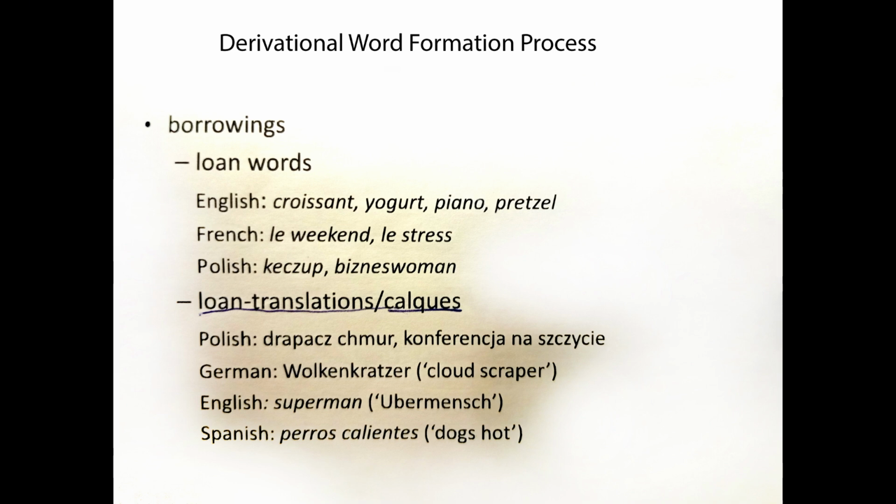As you can see, it's from the word businesswoman. So the word businesswoman in Polish sounds like the English word businesswoman, and the written form also looks like the English word businesswoman, right? So this is about loan words.